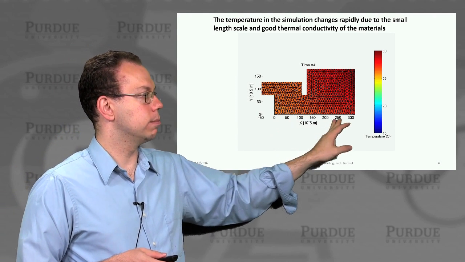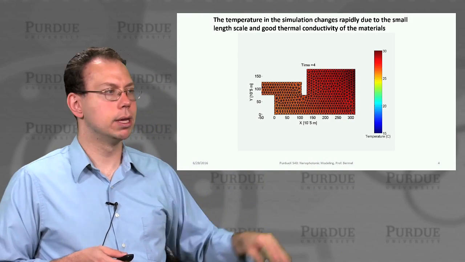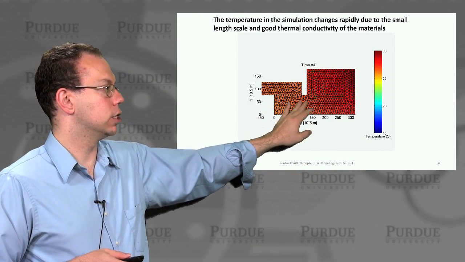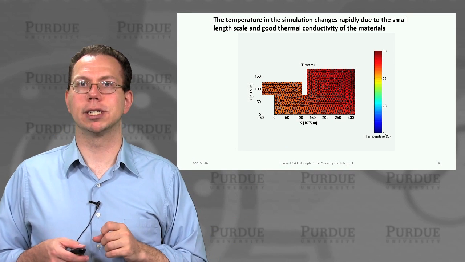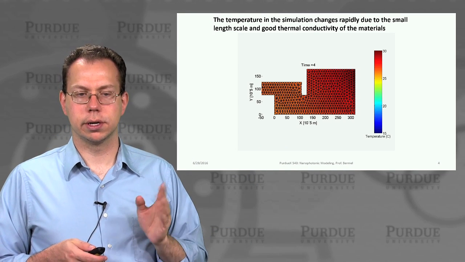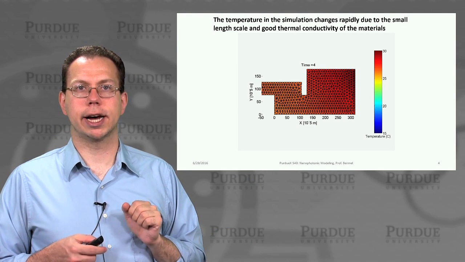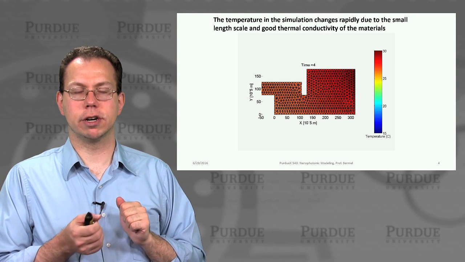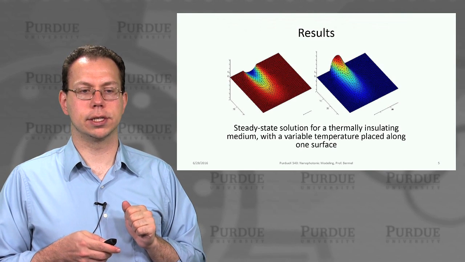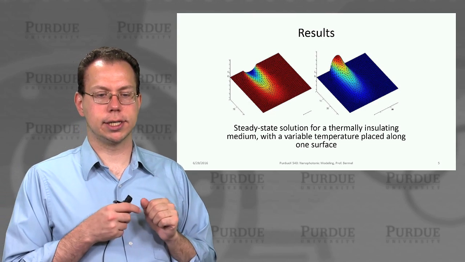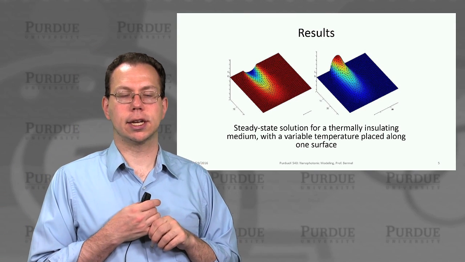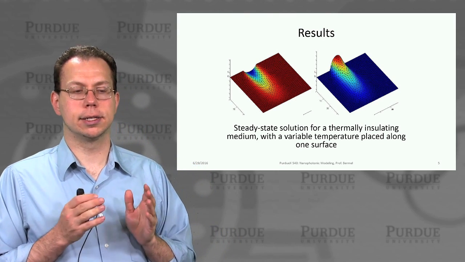And some of it's driven by the cooling that's happening at the bottom and a bit of a choke point here where you can't have as much heat flow. So it gives you a very good idea of the actual physical behavior of the system when you do this sort of thing. And then here's another example, which is showing just a simpler steady state simulation.